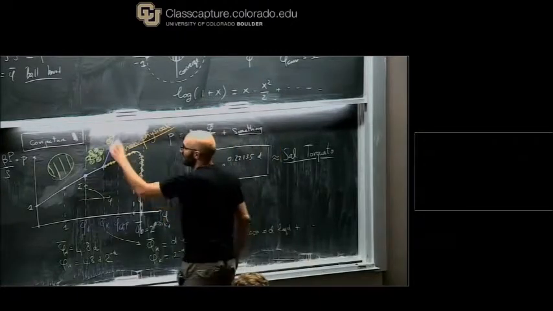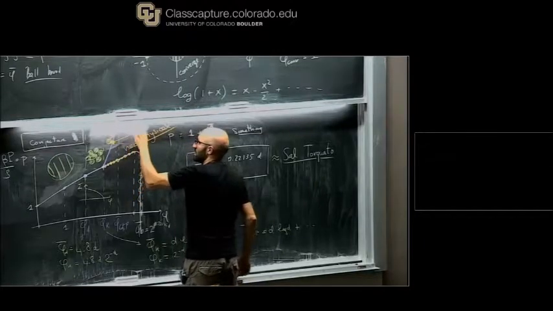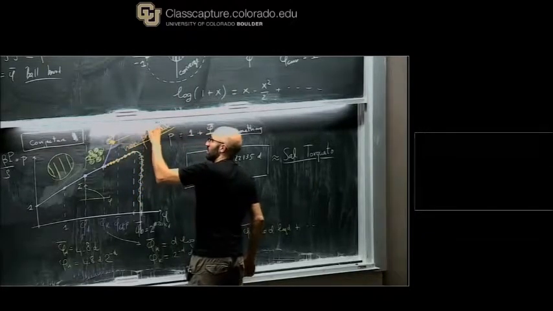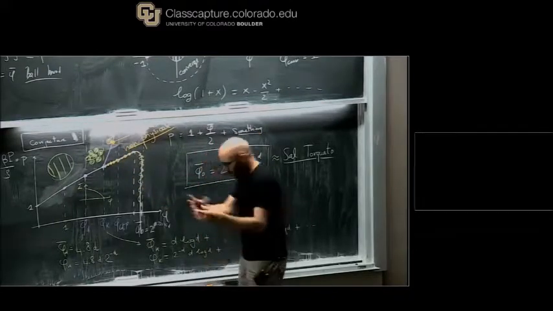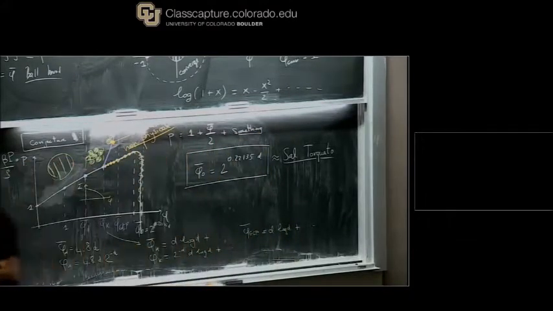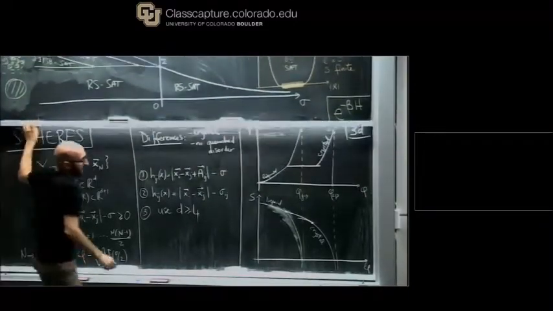So somewhere here, there is also a Gardner transition, where these things are going to break into a full RSB structure like I get in the perceptron here. Okay. And this is the phase diagram.